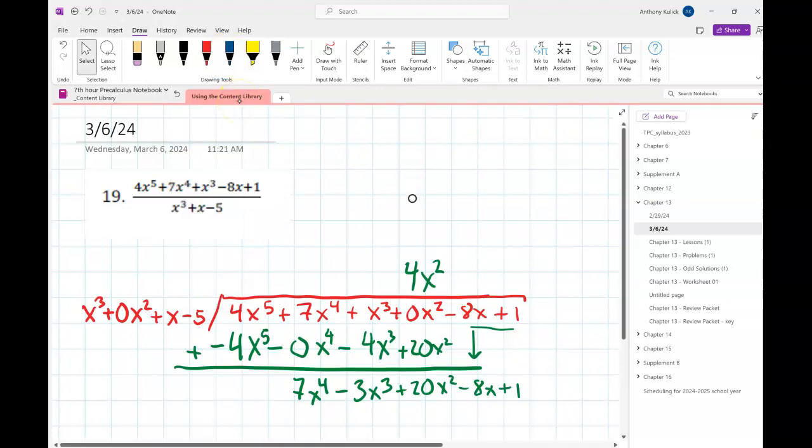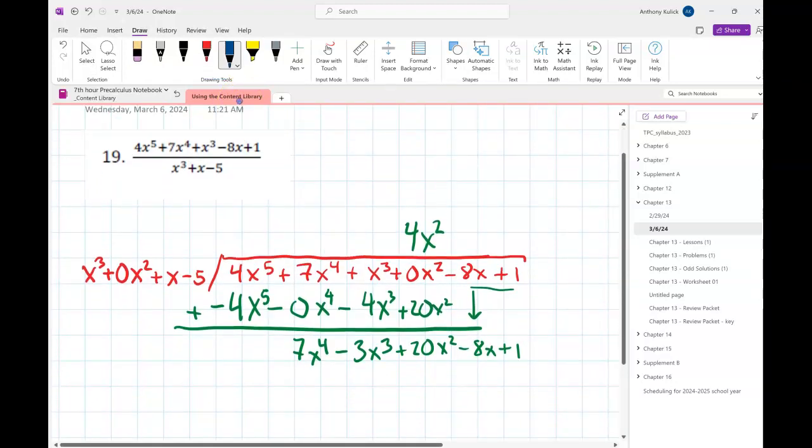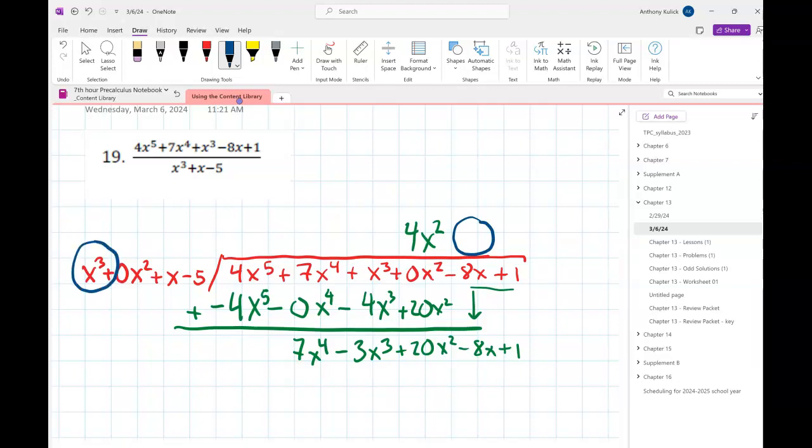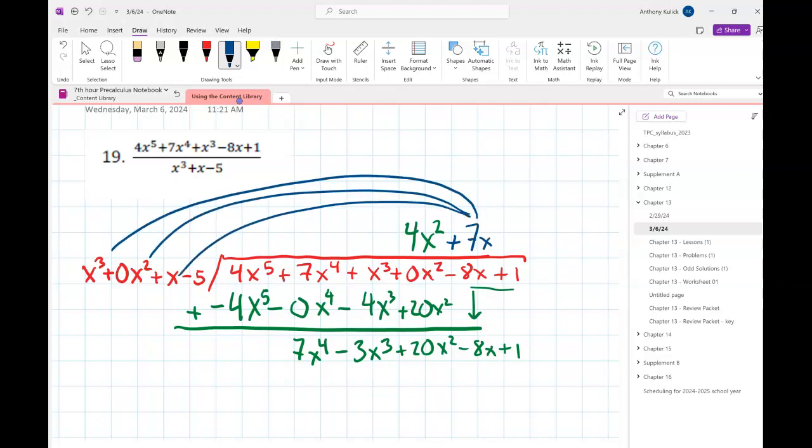So far, so good. Now I'm just going to repeat and ask myself, what times x cubed gives me 7x to the 4th? What would that be? 7x. Great. Thanks, Avery. So we'll put plus 7x up here. And again, that distributes to everything in my divisor.